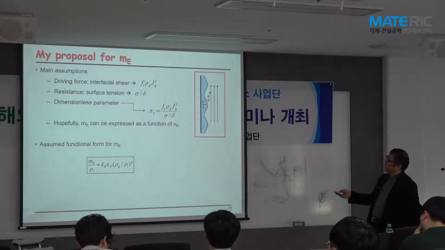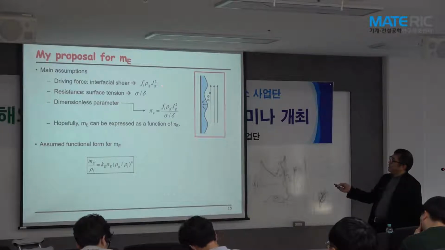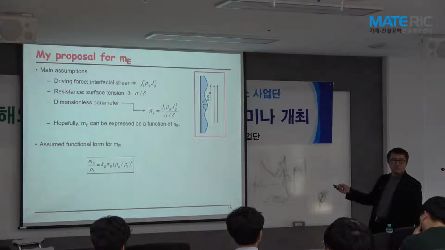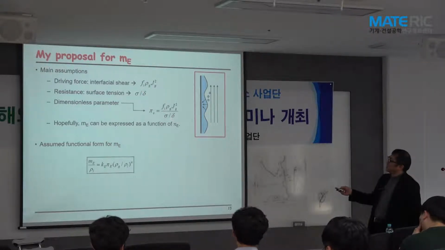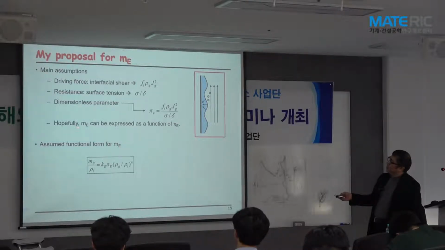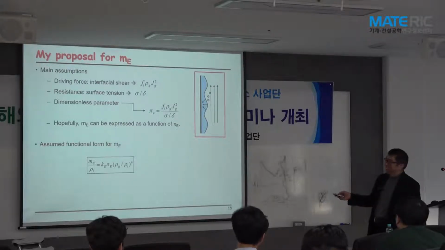So from this competition of the shear and the surface tension, a dimensionless number which characterizes the entrainment rate can be deduced. This is the most important assumption I used when I developed my correlation. I hoped the measured data of the entrainment rate can be expressed as a function of this dimensionless number, and because this was successful, I talk about this today.